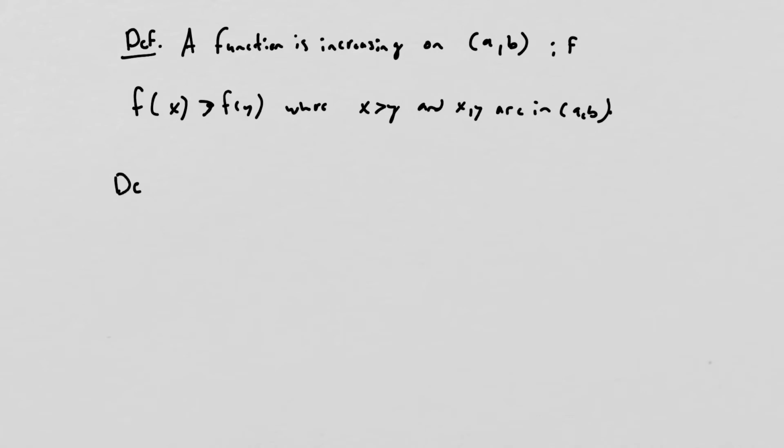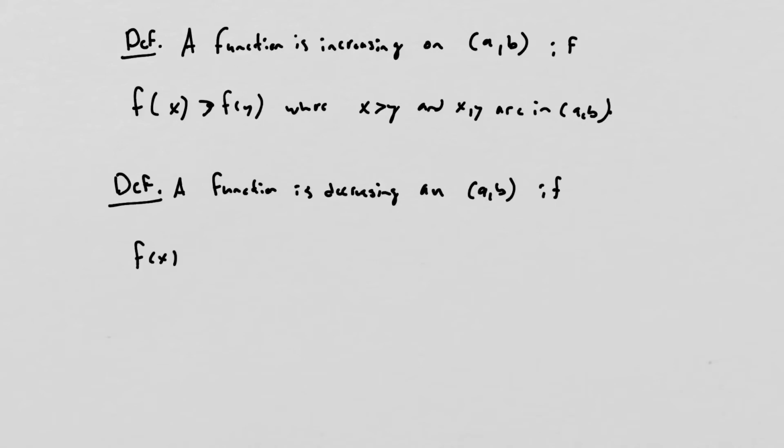By symmetry, we can define a decreasing function. A function is decreasing on an interval a to b if f of x is less than f of y, where we have that x is greater than y and x and y are in the interval a to b.